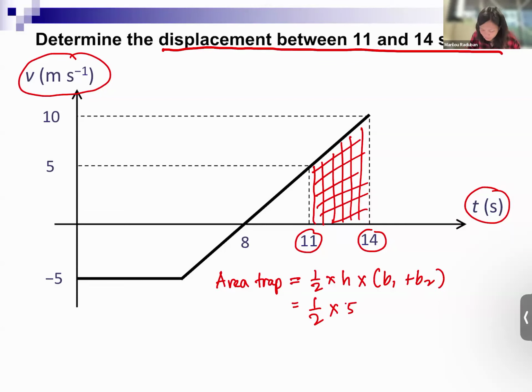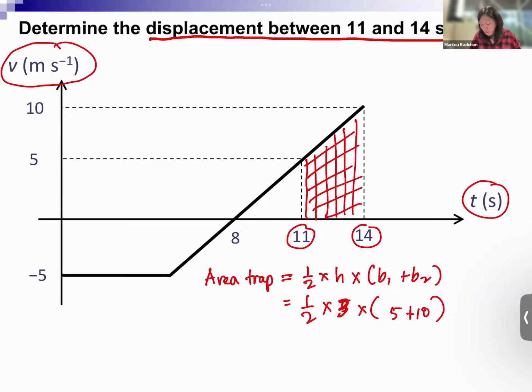Don't know why I said 5. 14 take away 11 is obviously 3. The height is 3. And then the bases are defined by these parallel sides. So you have 5 meters per second for one side and 10 meters per second for the other side. So you have 5 plus 10. Carrying out the calculation gives you a positive 22.5 meters.